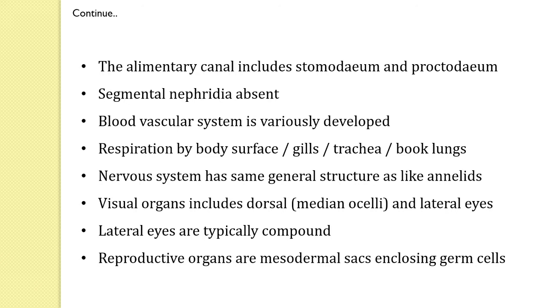A definitive brain in most groups, however, is a syncerebrum, since it also includes the first pair of ganglia of the ventral nerve cord, which secondarily become the tritocerebral brain lobes.